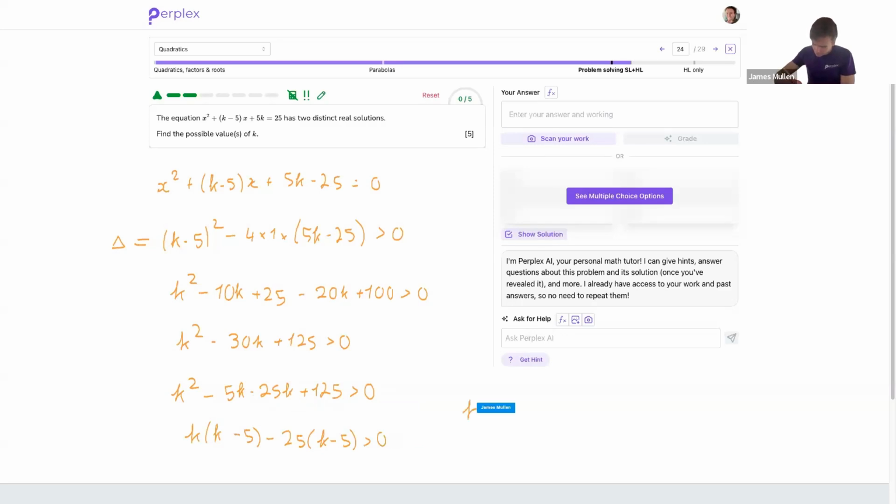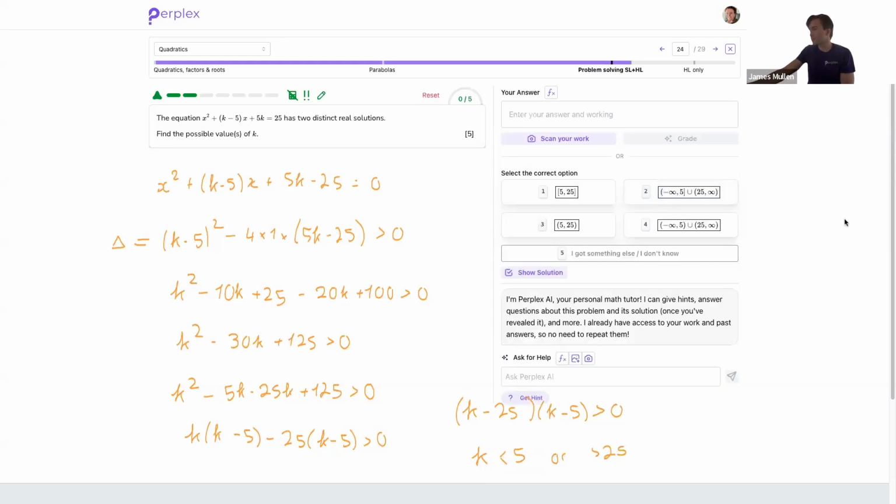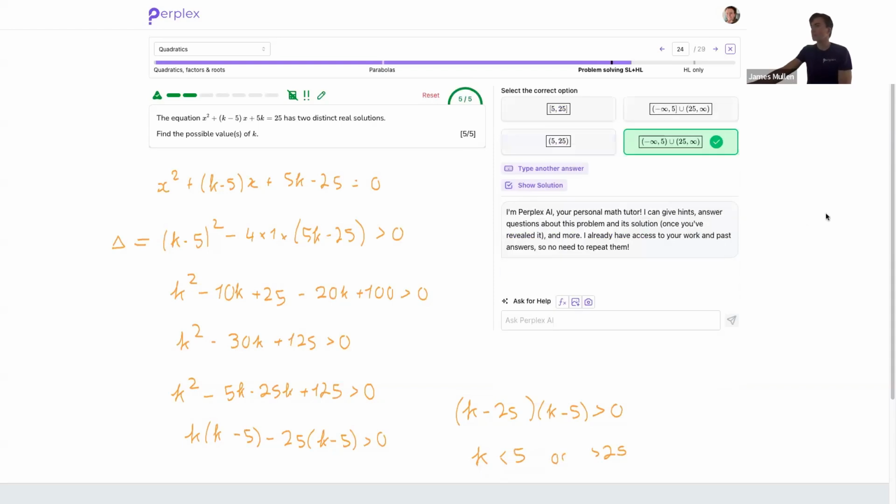And if I bring that all together, (k minus 25)(k minus 5) greater than 0. This quadratic is concave up, which means that it's going to be positive outside the roots. So k has got to be less than 5 or greater than 25. Okay, so that means that I'm going from -infinity up to 5, and it's not inclusive, right? Because I don't want delta equals to 0, which means I have to have option 4.